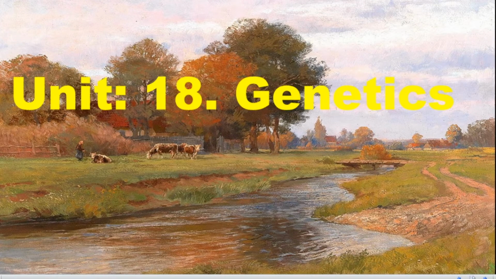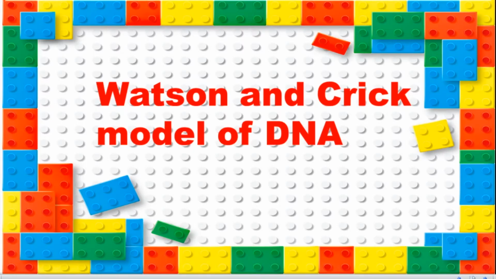Today we are going to study the topic Watson-Crick model of DNA. Why is the name given? Because Watson and Crick gave the shape of the DNA, and this is accepted worldwide by all scientists. That's the way their names were given, Watson-Crick model of DNA.